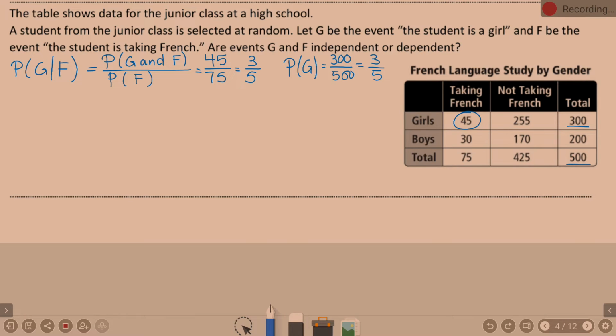We're looking to be independent. Am I ready to 100% make that claim, though? No. Why not? If it's independent, it has to work both ways. So we checked one conditional: the probability the student is a girl, given they're taking French. We need to reverse that also.